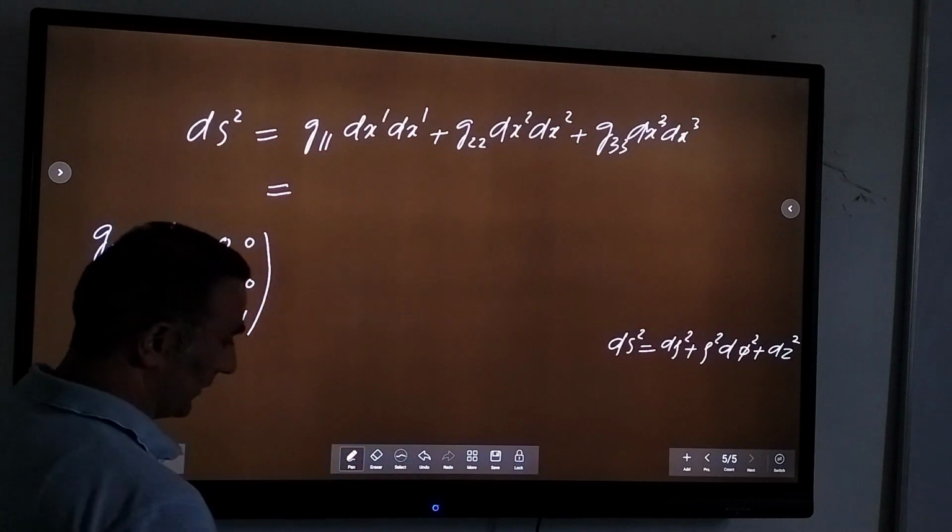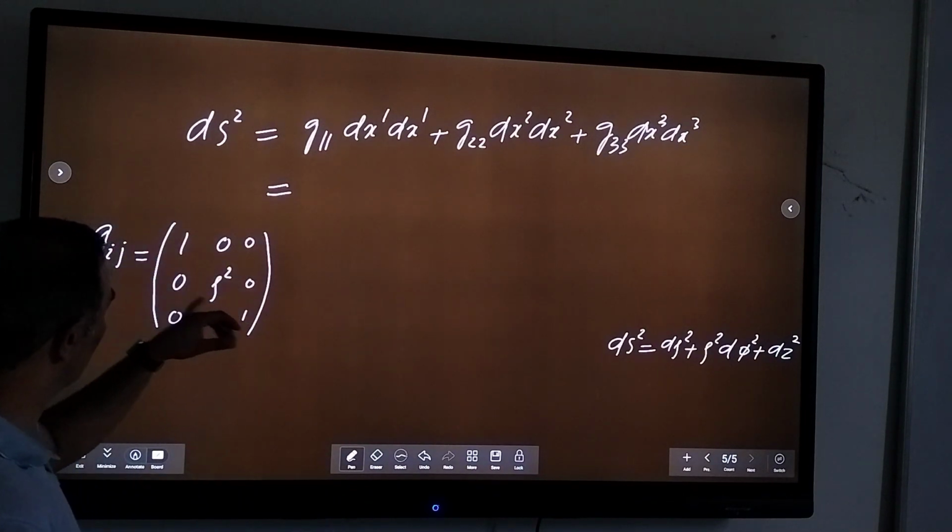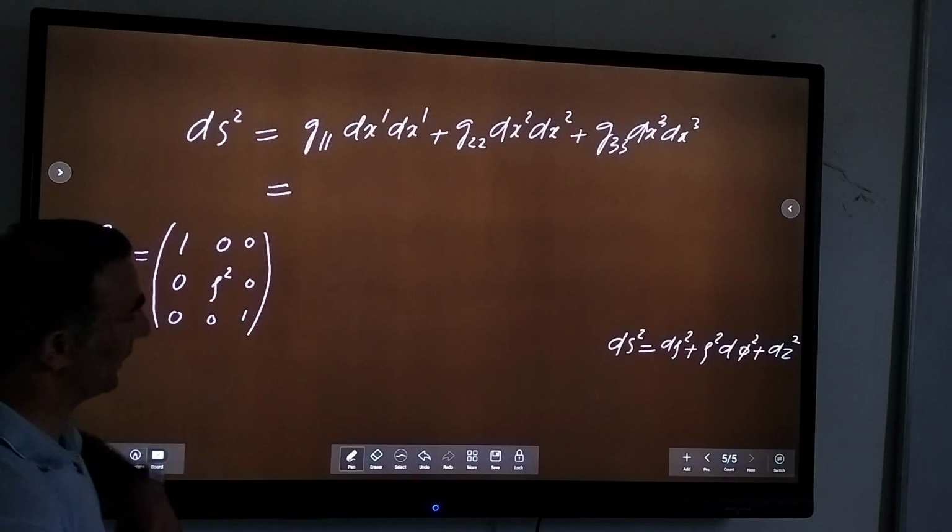So the form of this matrix will be 1 0 0, 0 rho square 0, 0 0 1, right?